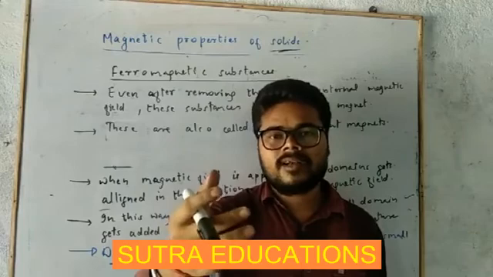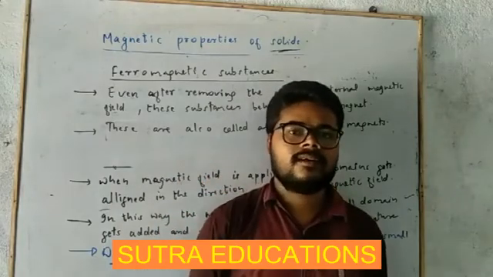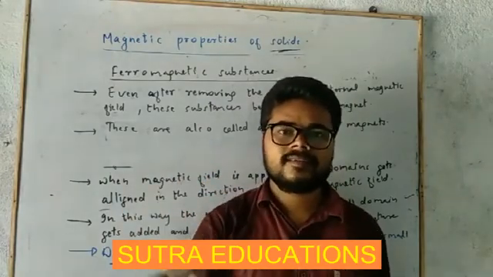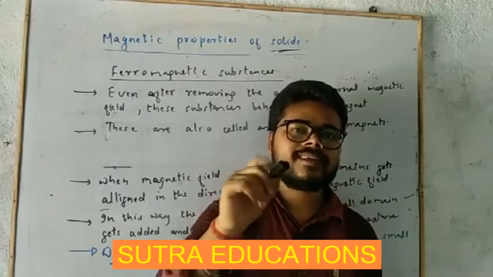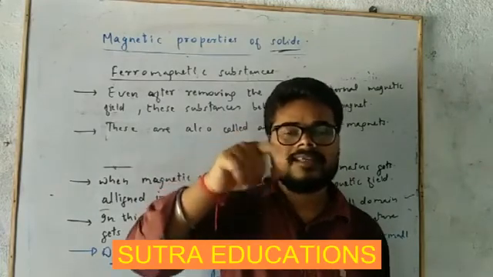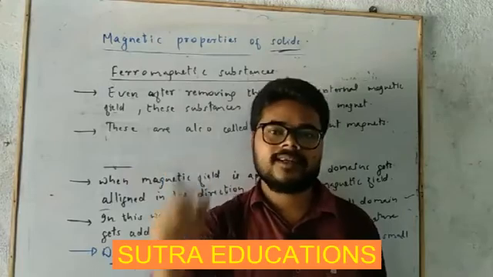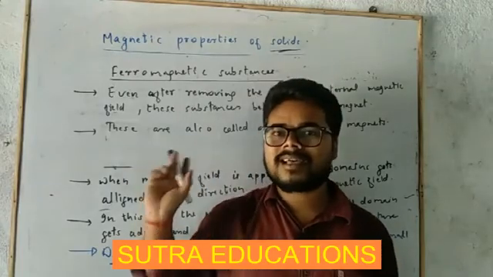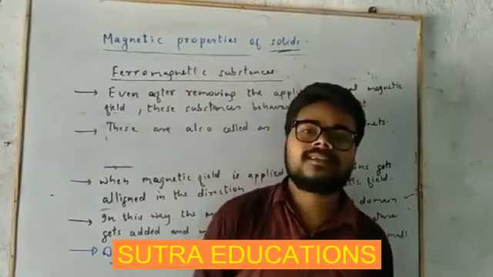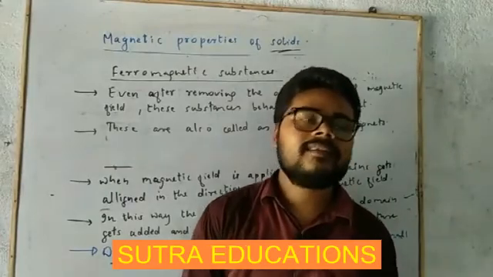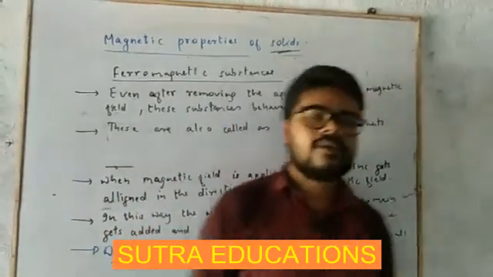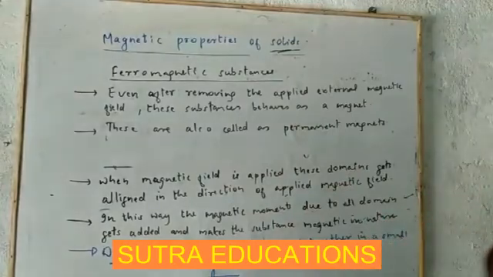After some time, remove the magnet, then still you can see the nail is showing some kind of magnetism. So these are known as ferromagnetic substances, and these substances are strongly attracted by magnetic field.